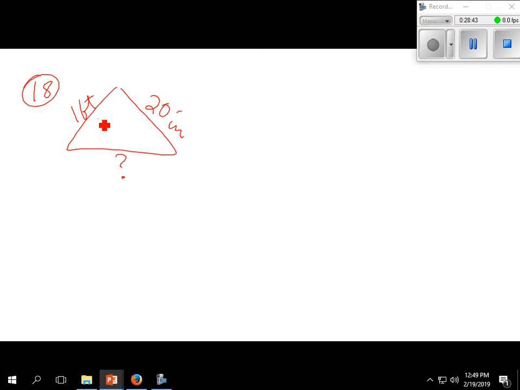The bad thing here is you got feet, you got inches. We need to change it. So we're going to make this 12 inches and get rid of the feet so that we're looking at the same thing. The third side, I'm going to write it like this with the alligator mouth. To find the low end of the third side, all you do is take the two sides and you subtract them. So 20 minus 12. So that could be 8.